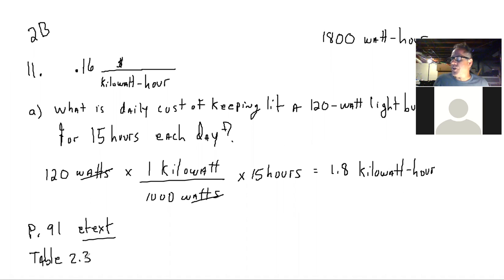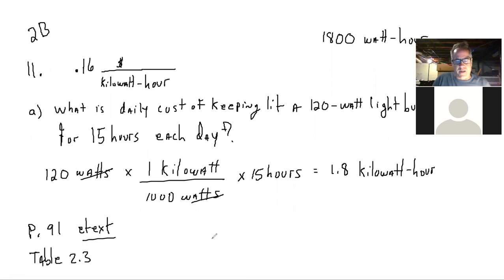Okay. Thank you so much. Oh, you're welcome. Now, to get your daily cost in dollars, that's where I multiply. Watch what happens. How do I end up with dollars?